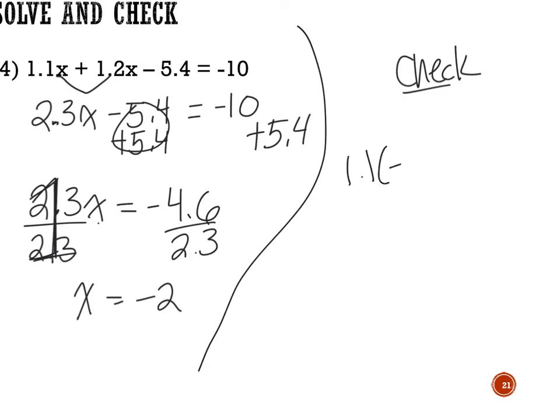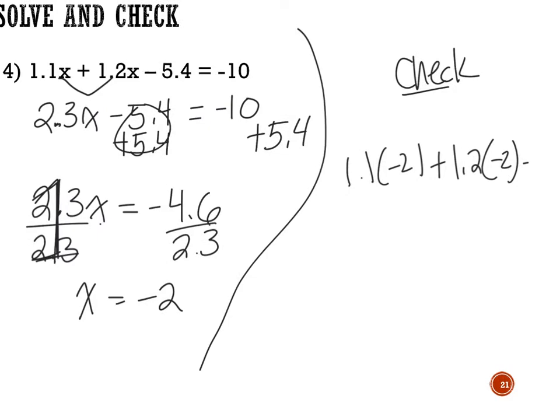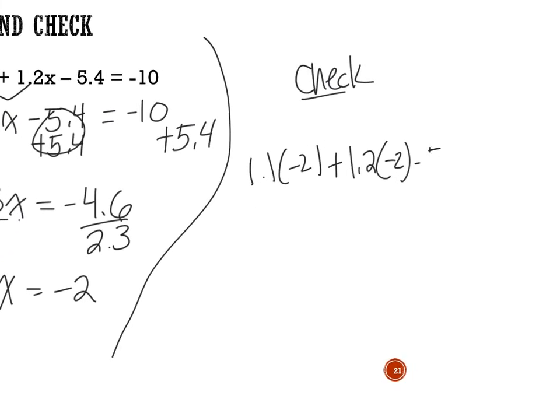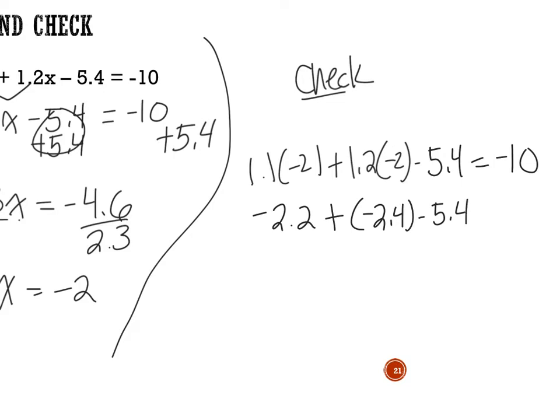1.1 times negative 2 plus 1.2 times negative 2 minus 5.4 equals negative 10. So 1.1 times negative 2 equals negative 2.2, plus 1.2 times negative 2 equals negative 2.4, minus 5.4 equals negative 10.